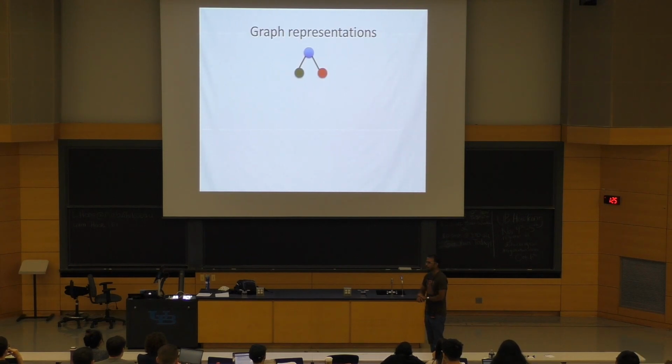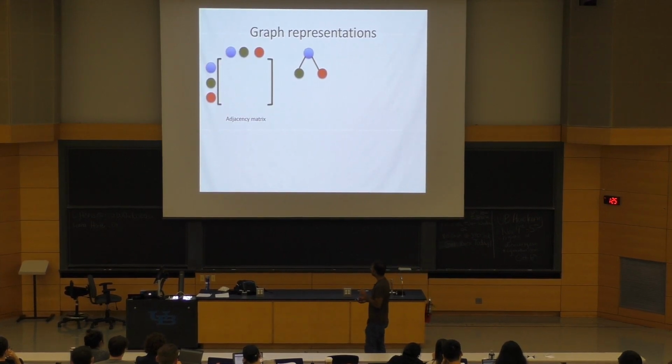So I'm not going to formally define adjacency list or adjacency matrix. Again, it's defined in the book, but it's easy enough to start off with an example and then we'll see what they look like. So let's look at this simple graph with 3 vertices and 2 edges, which I've colored blue, green, and red.